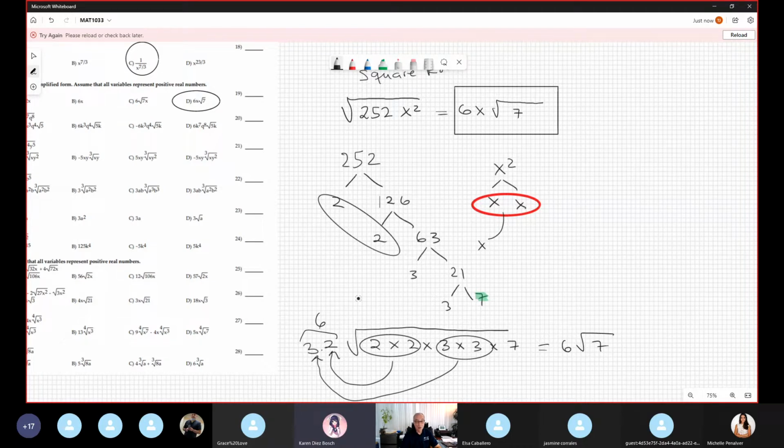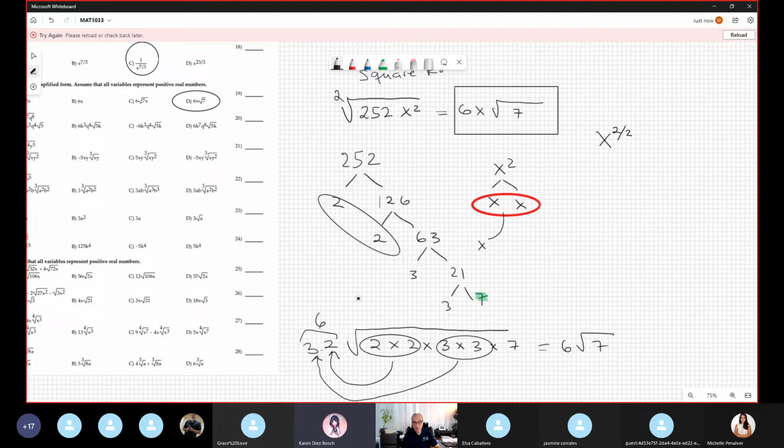And the variable part is similar, but it is a shortcut. It is the exponent. In this case, you have a 2, and you divide by 2, the index of the radical. So x to the second power, divided by 2. So for the square root, you divide any exponent by 2.